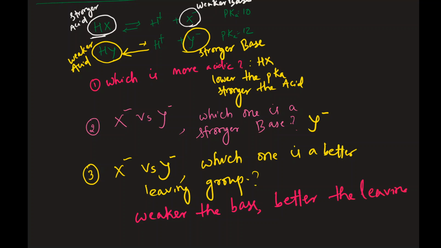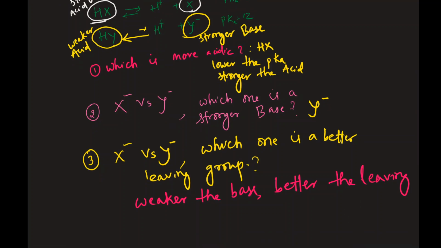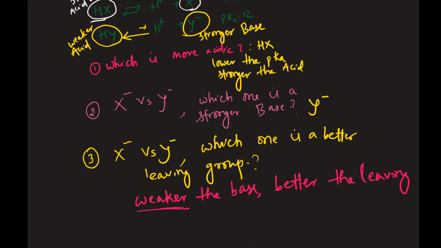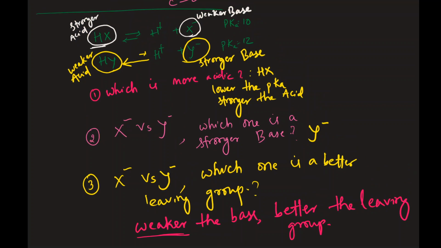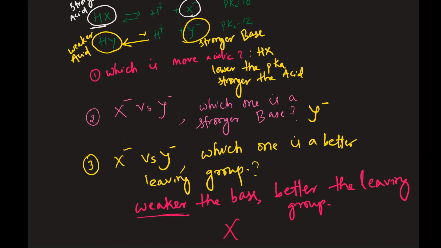A strong base can replace a weak base, which means the weaker base becomes a better leaving group. So which one is our weaker base, X minus or Y minus? X minus is our weaker base. So X minus would be our better leaving group.